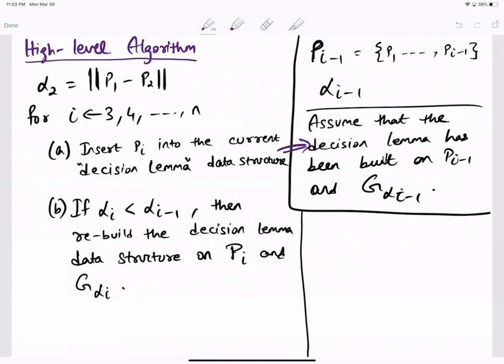So at the end of this algorithm, what will happen is, because of the invariant that I mentioned here, let me go there.